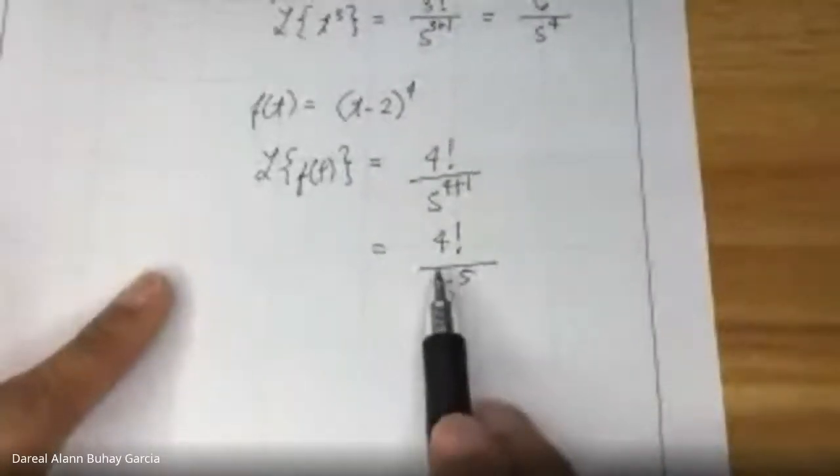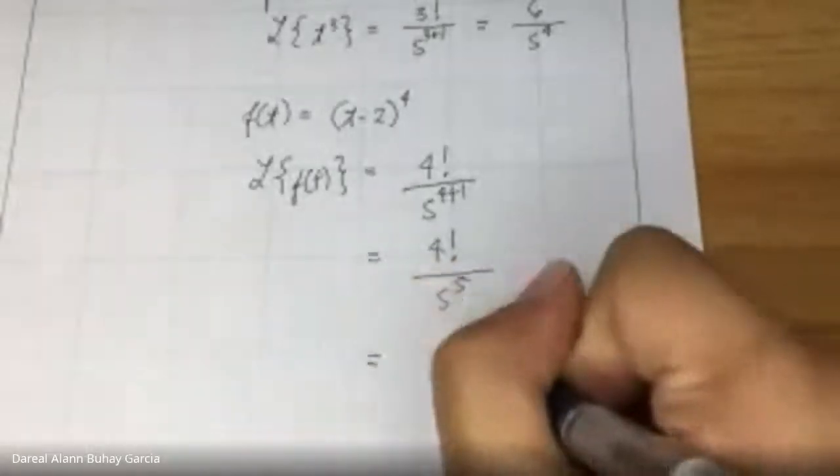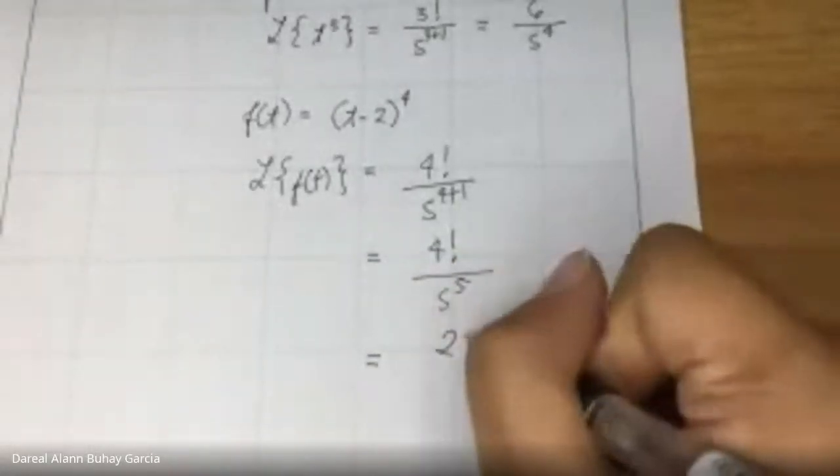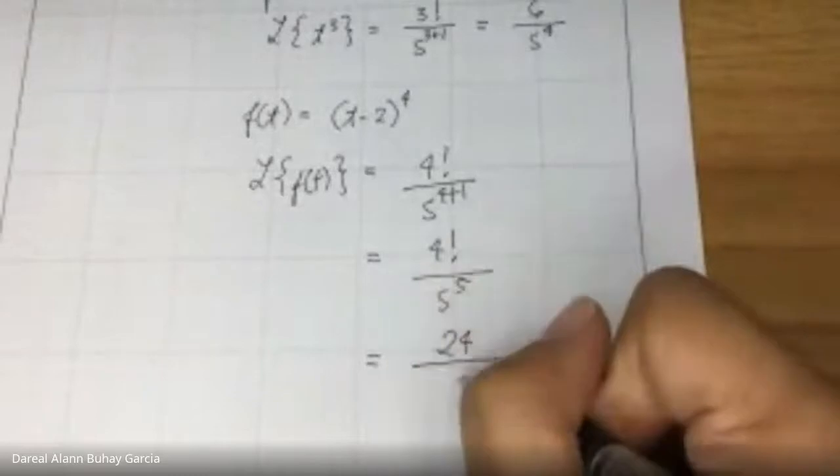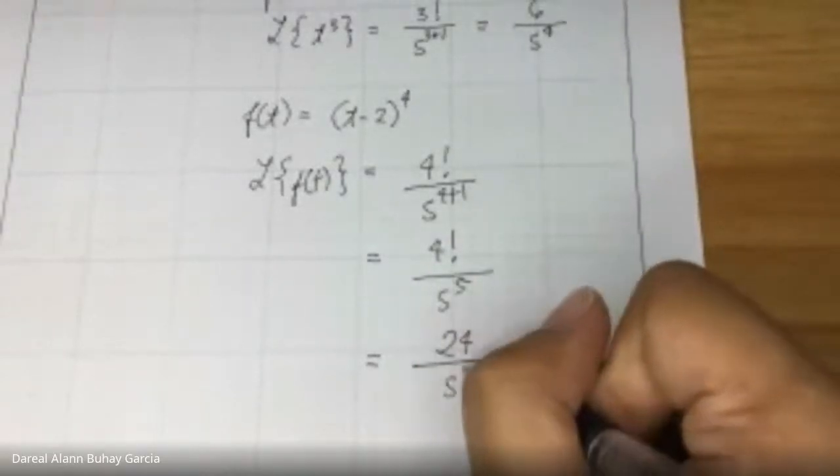Pwede lang natin imukuhan si 4 factorial. Kailan ba si 4 factorial? 24? Yes, 24. Supposedly, this is 24 over s to the power of 5.